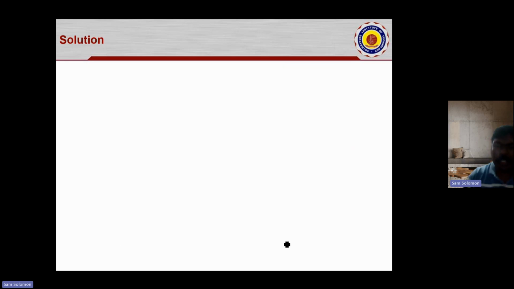The next thing we need to consider is the value of this upward thrust. The upward thrust is counteracted by the weight of the plate. So this is going to be the density of the fluid times the volume of the fluid displaced.